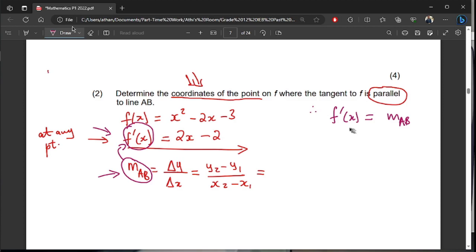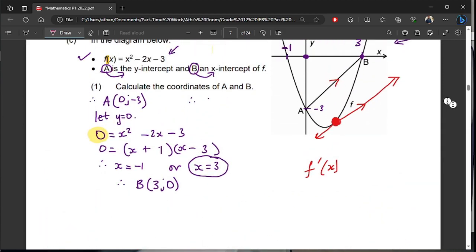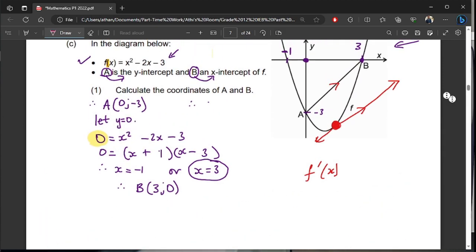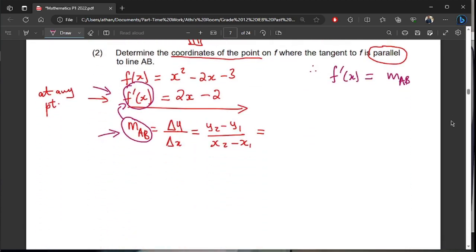Then you'll see how we're going to find the coordinates. So let me go straight to the coordinates of A and B. We said A is (0, -3), B is (3, 0).